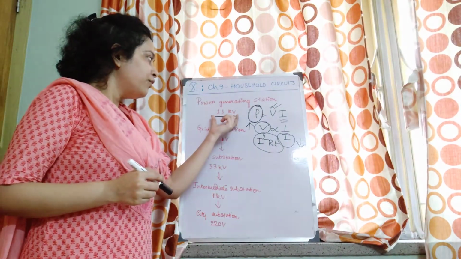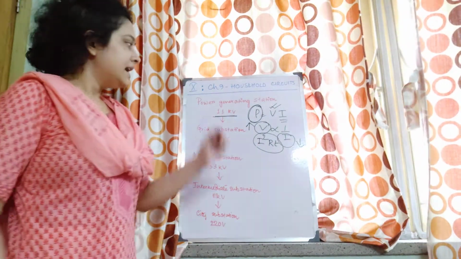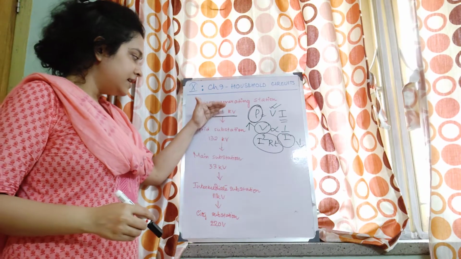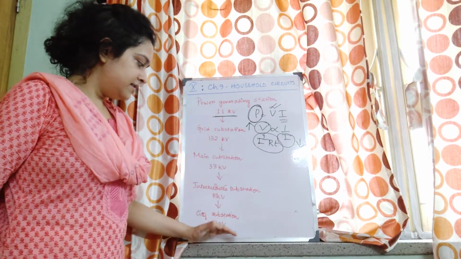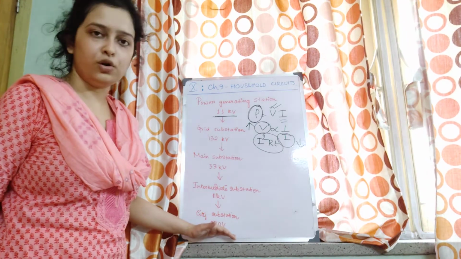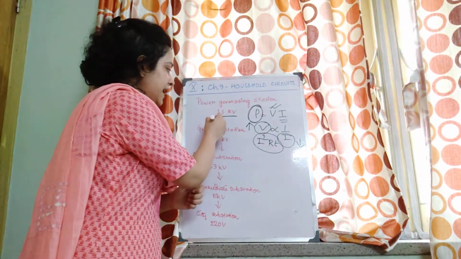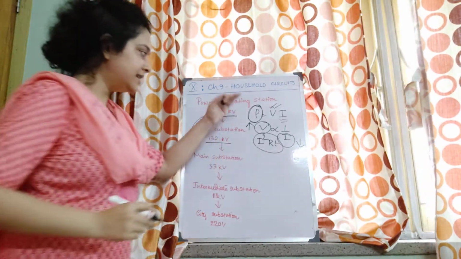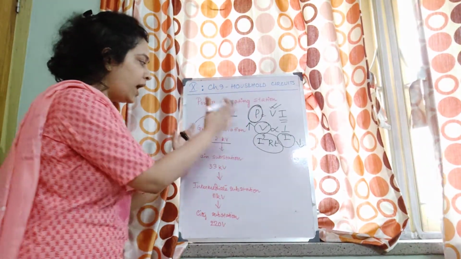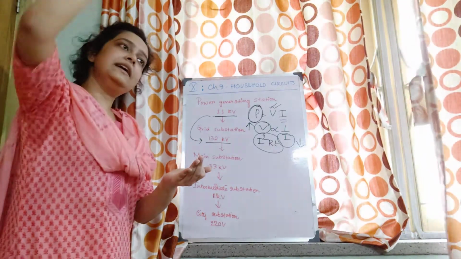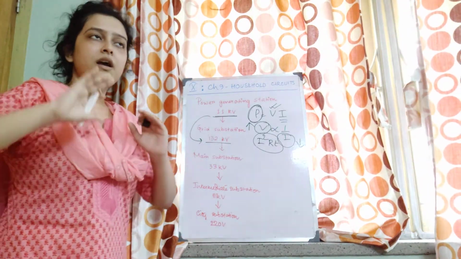Now, from 11 kilovolt, it is derived in different steps to 220 volt. Notice that from 11 kilovolt at the main power generating station, it goes to 132 kilovolt at a certain substation. How are we increasing the voltage?